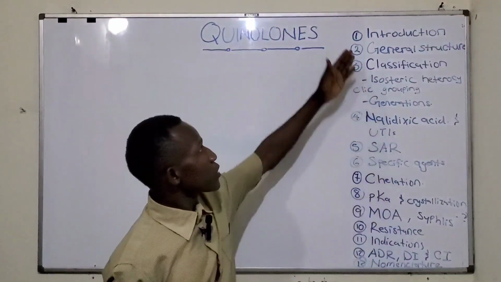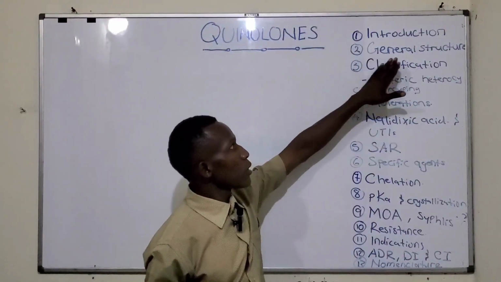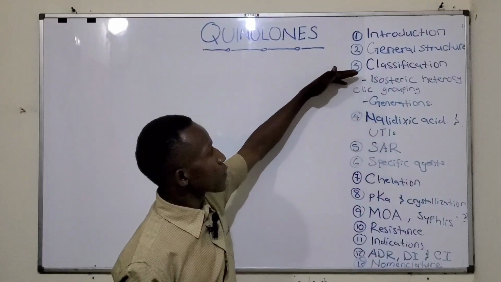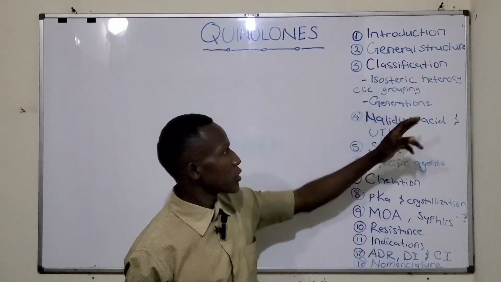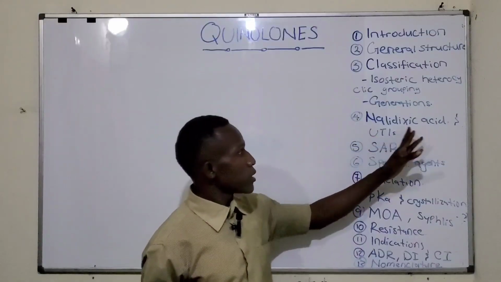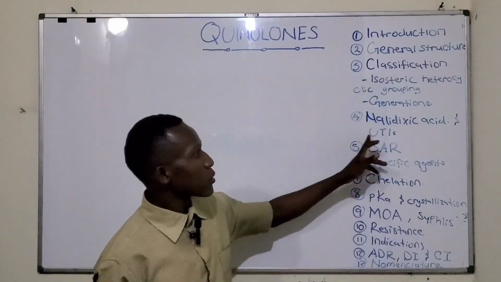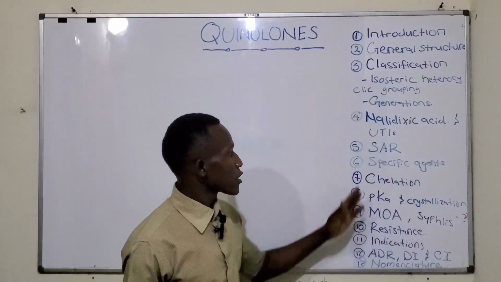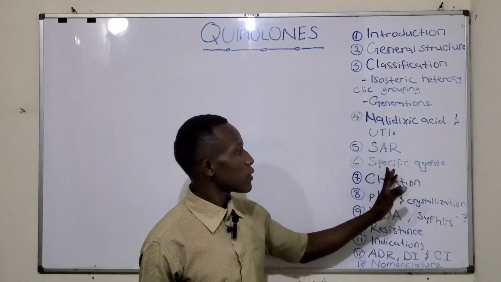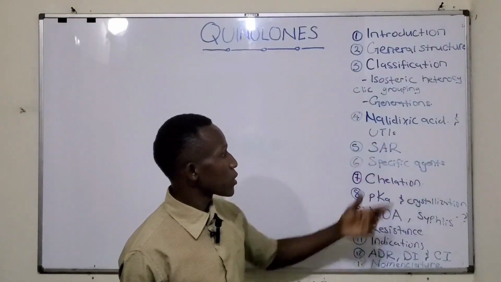We are going to introduce our quinolones, talk about the general structure, classification where we have the isosteric, heterocyclic grouping, and generations. We talk about nalidixic acid and why it was limited to UTIs. We talk about the SAR, specific agents, and other quinolones and fluoroquinolones.